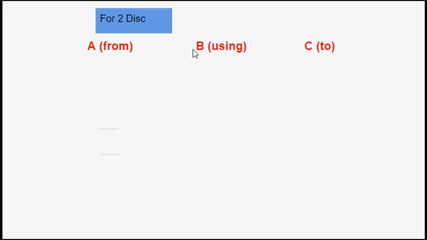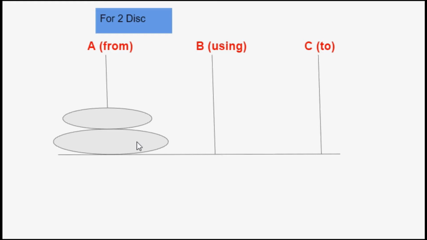Again I'm going to have 3 rods or 3 towers with me, so I have 2 disks, these are my 2 disks, placed on tower A. I am supposed to move the disks from tower A to tower C, and I can make use of this tower B. That is why I have written in brackets, to make it clearer to you, that tower A is holding the disks from where I need to make a transfer, tower C is the target tower where we are going to put all the disks, and tower B is an auxiliary tower with which we are making this transfer possible.